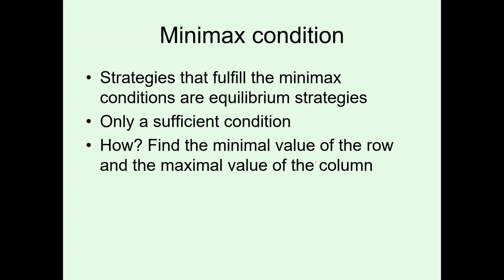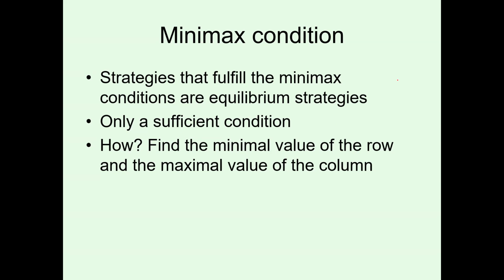Kung necessary siya, dapat minimax before siya ma-equilibrium. But since only sufficient, the minimax automatically implies the equilibrium. Pero kung hindi siya minimax, it doesn't mean walang equilibrium. It's just that baka meron tayong mahanap, but hindi siya minimax. Okay?